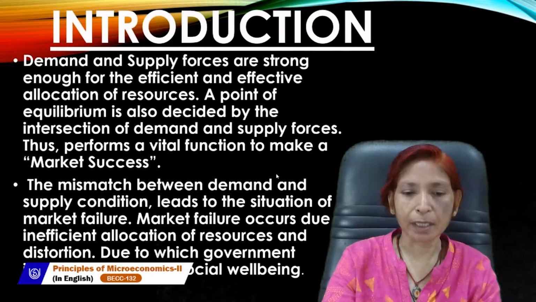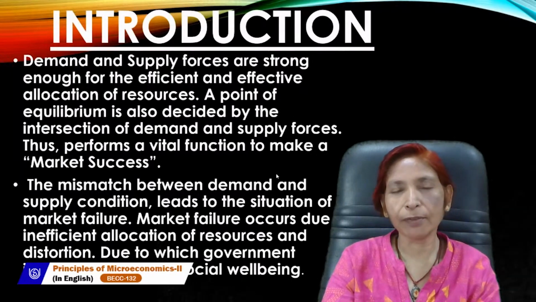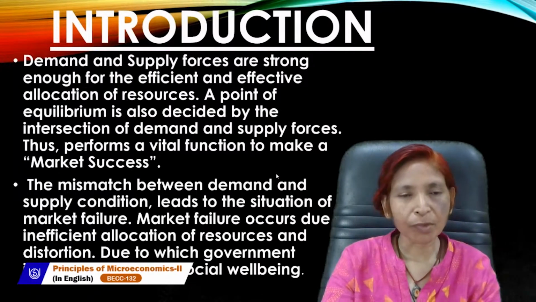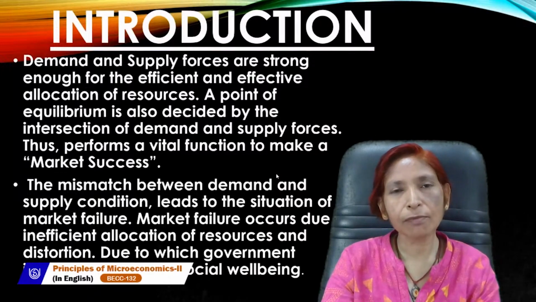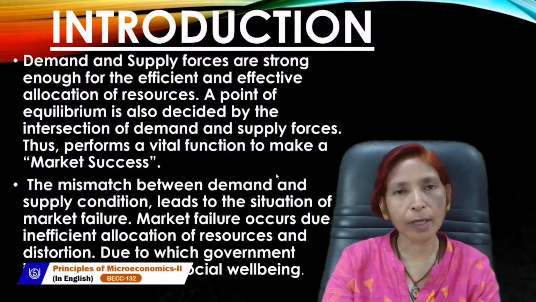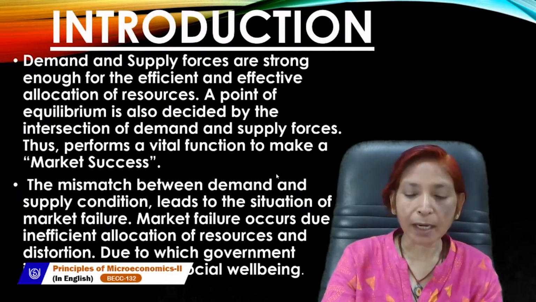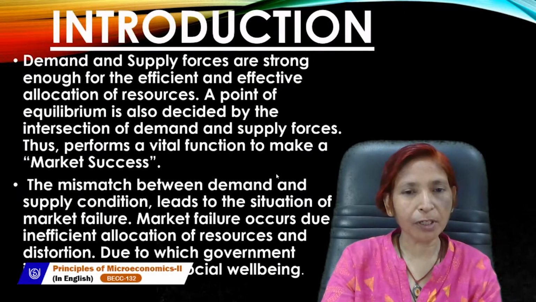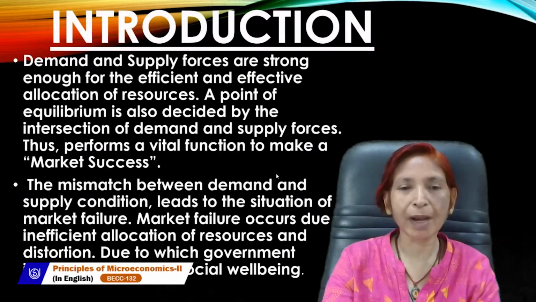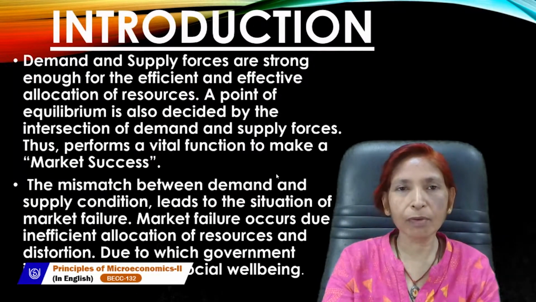It means a market is called successful if resources are efficiently utilized, and a market is called a failure if resources are inefficiently allocated or utilized. So a market is successful if we use the concept of demand and supply forces, if we determine the price with the help of the intersection of demand and supply curves.